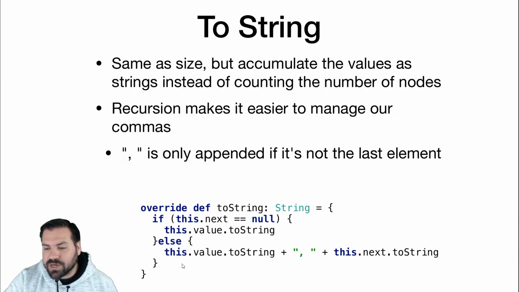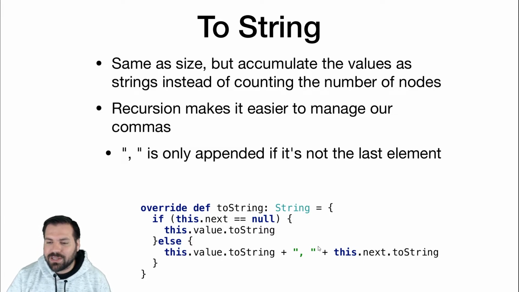This is one case where recursion really cleans up your code. If you don't use recursion, use a loop for this. Getting these commas just right can be a little bit of a pain. You have to have a conditional in there to say if this is the last element, don't add a comma after this, but if it's not the last element, add a comma after it. You have to do some logic like that. With recursion, we already have that conditional built into the recursion. Just don't add the comma here, but do add the comma in the recursive case. This is a case where recursion is just nice and clean.